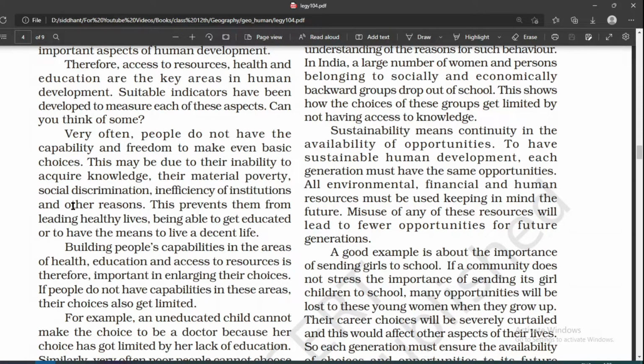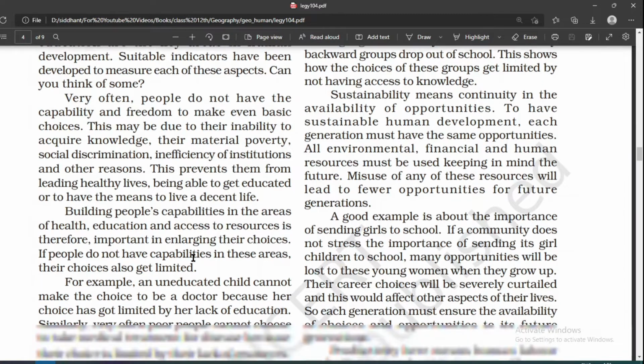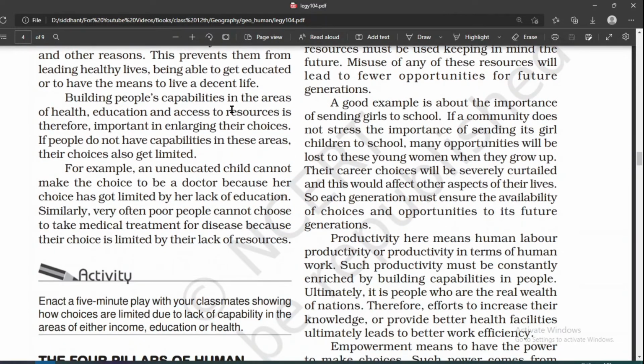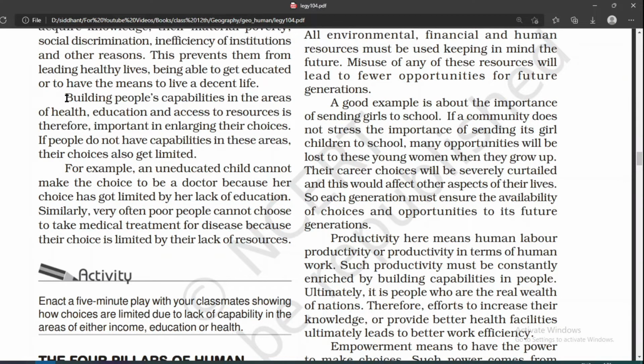This prevents them from leading healthy lives, being able to get educated or to have the means to live a decent life. Building people's capabilities in the areas of health, education and access to resources is therefore important in enlarging their choices. If people do not have capability in these areas, their choices also get limited.